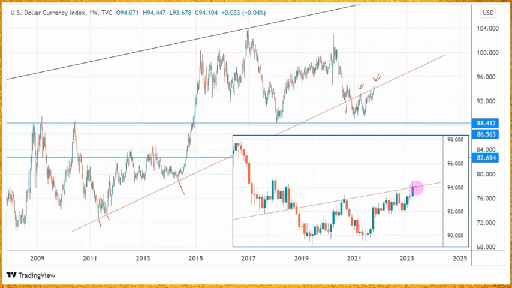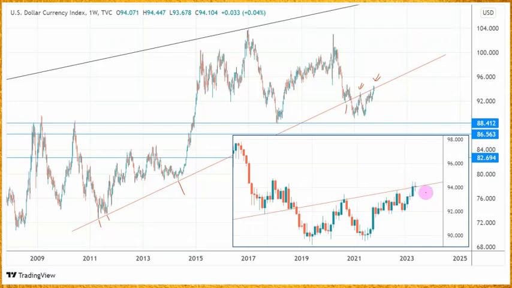And so the weekly candle hasn't really closed above that line. You can see here, you got a wick above and then it came back down again, and the same here, and the same over here as well. The body is just kind of on that line there. So I think if you're thinking that the dollar's going to get much stronger in a sustainable way, then the first thing we need is a close above this resistance line here.